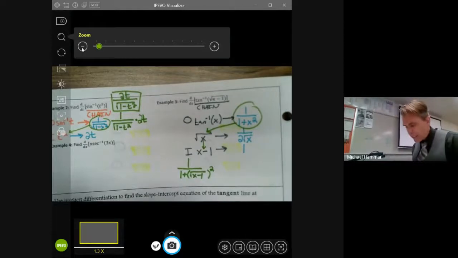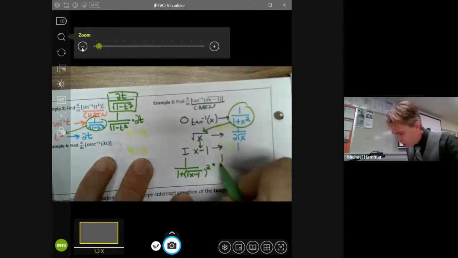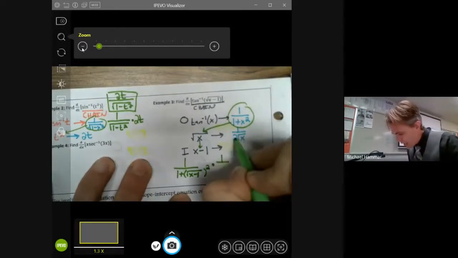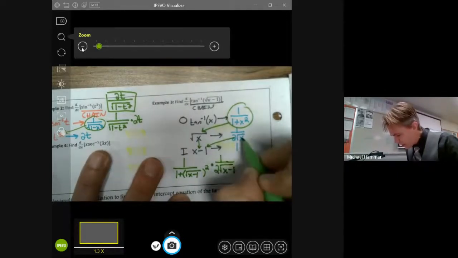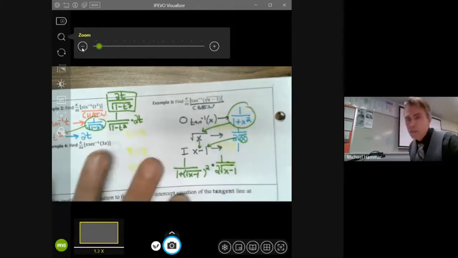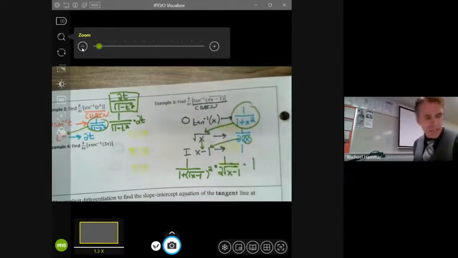So we fill in all of the x's with all of the parts. Then we have to multiply it times 1 over, and we have to go this way, 2 times the square root of x minus 1. Again, remember, you're filling in the x with the next chain that goes down. Then we multiply times 1.